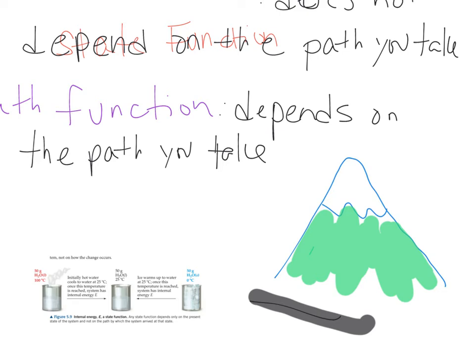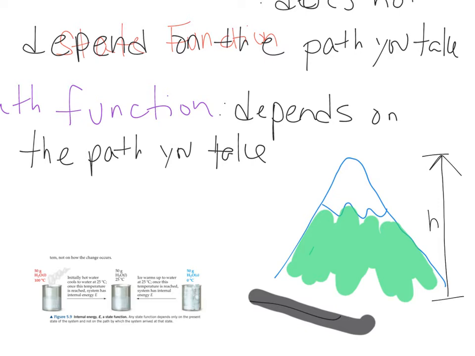Now, a state function for a mountain would be the height of the mountain, because no matter how you get from the bottom to the top, the height of the mountain is the same.